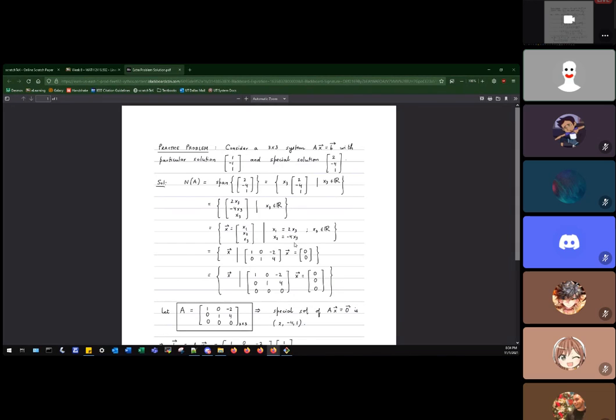Okay, this makes sense. We write these equations as a system of equations. x1 equals 2x3 becomes x1 minus 2x3 equals 0. I think she skipped a step.